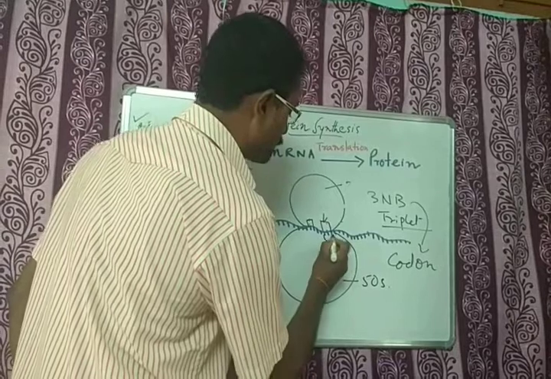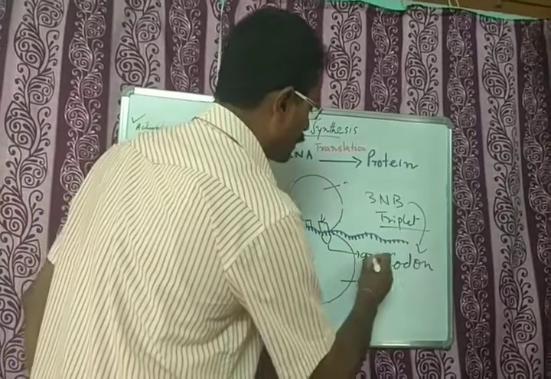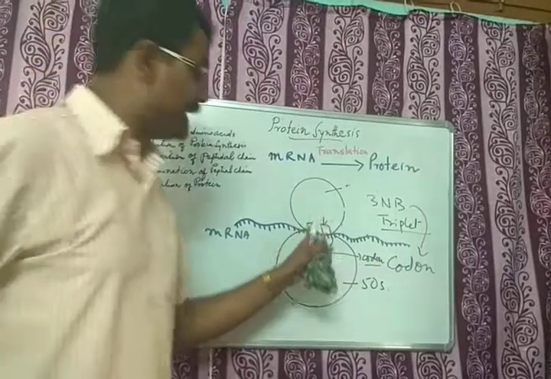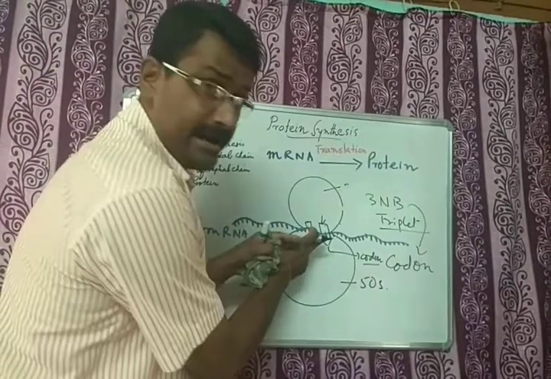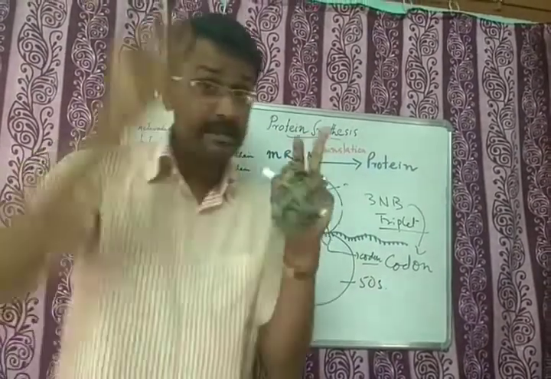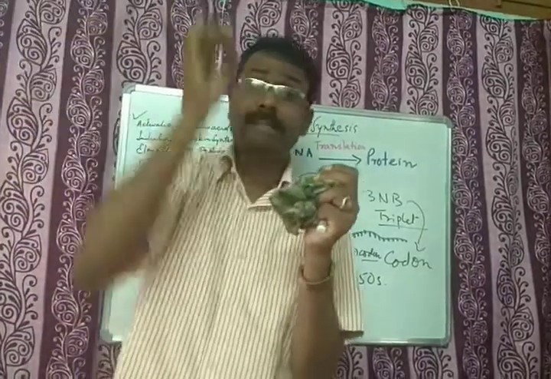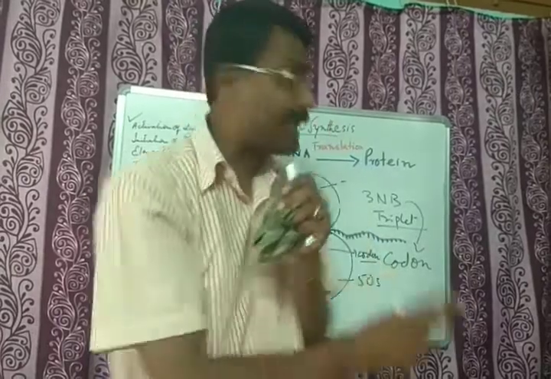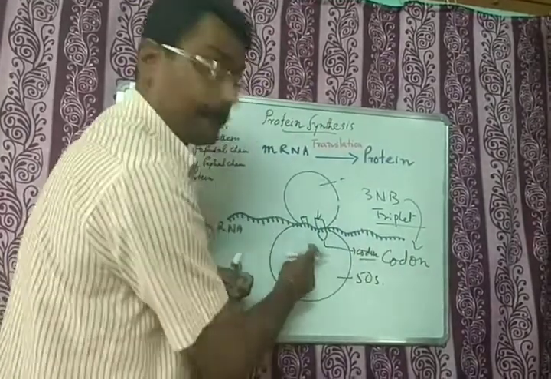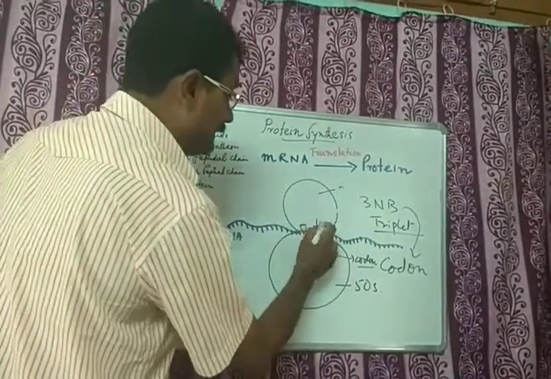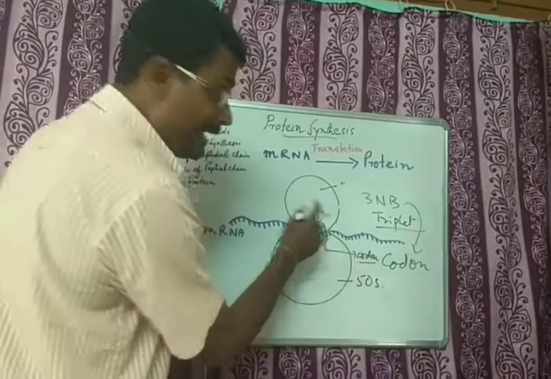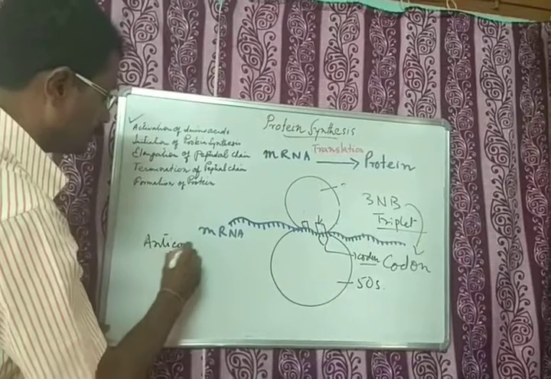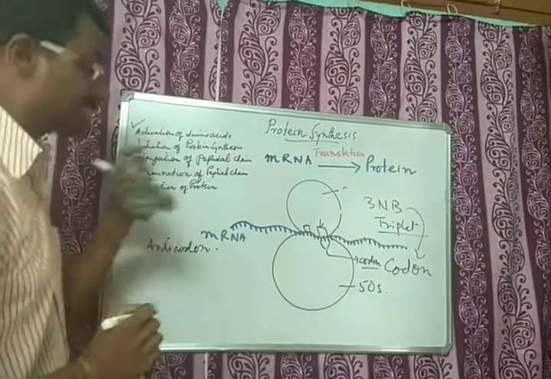So I am taking these 3. Suppose here these 3, these are what? Codon. And the tRNA that will be sitting over the mRNA, try to get my point. The tRNA that has come and will be sitting over the mRNA needs to be complementary to the codon pattern. So that complementary one is called the anticodon. What is the meaning of that?